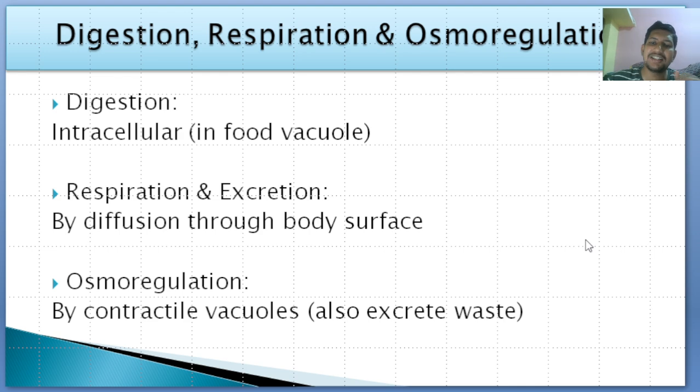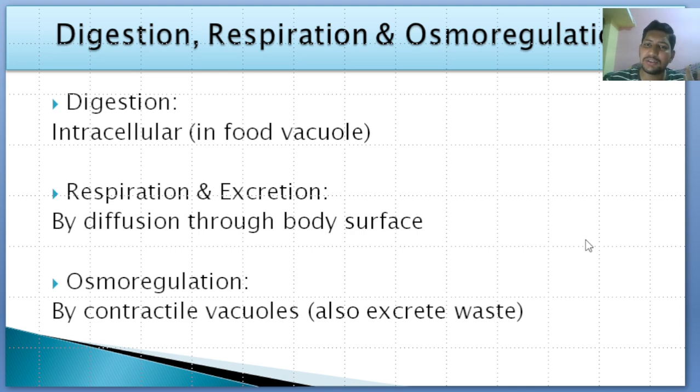Now what is the process of respiration and excretion in protozoans? Respiration and excretion take place by diffusion through the body surface. Here they don't have lungs, and they don't have kidneys for excretion. For example, in humans we have lungs for respiration and kidneys for removal of nitrogenous waste, that is excretion.